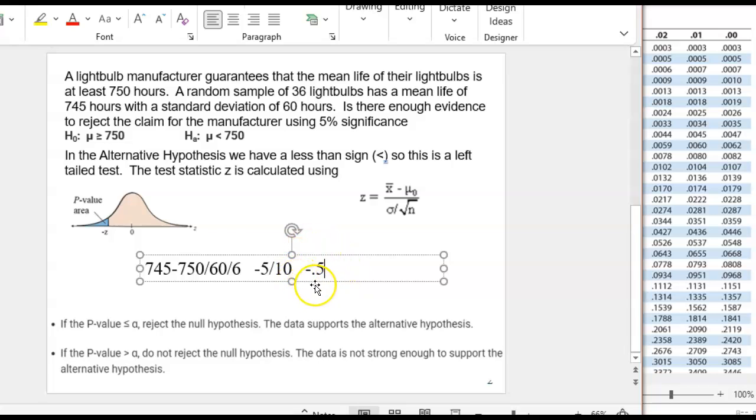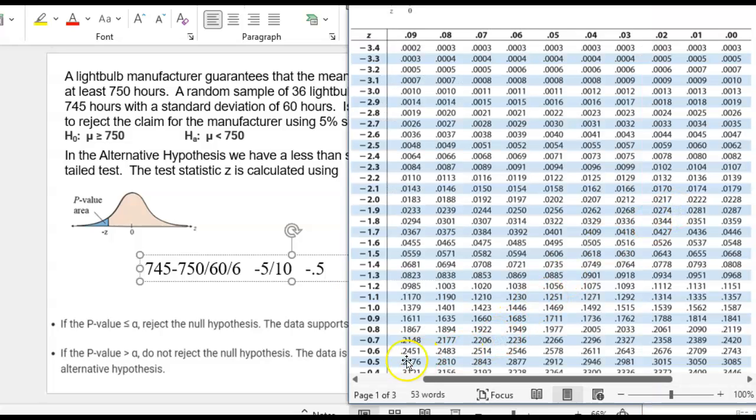So this is our z-score, but we are going to be looking to compare p-values. P-values are just our probabilities with our alpha, which is, in this case, going to be 0.05. So we need to find the p-value or the probability associated with negative 0.5. So I'm going to come over here to the table. Here's negative 0.5. We need 0 to be in that tenths place.